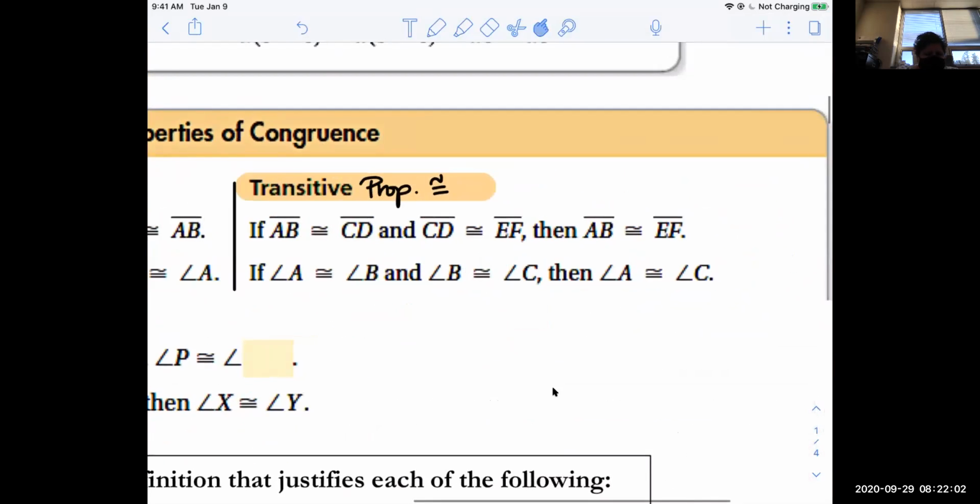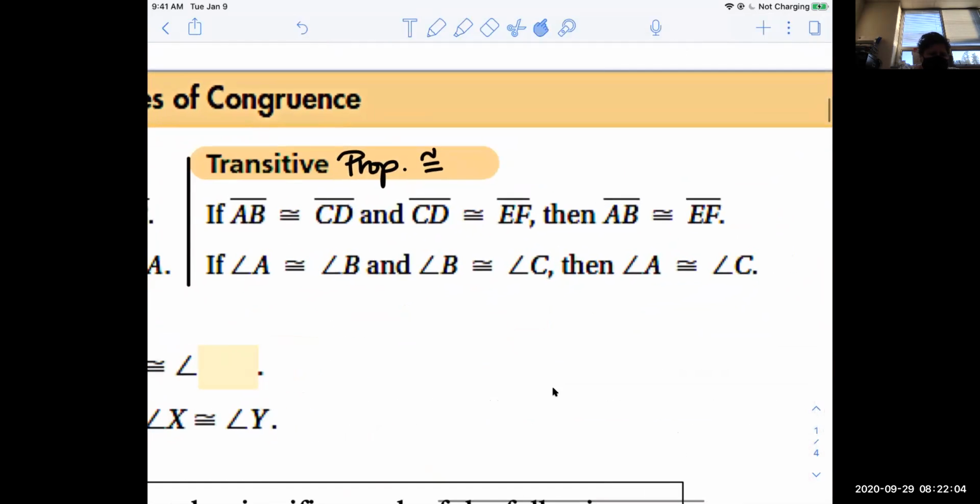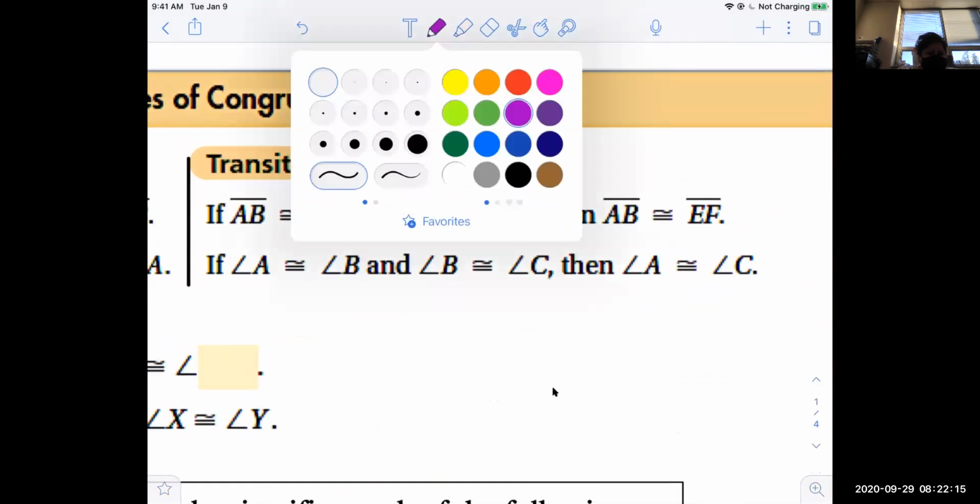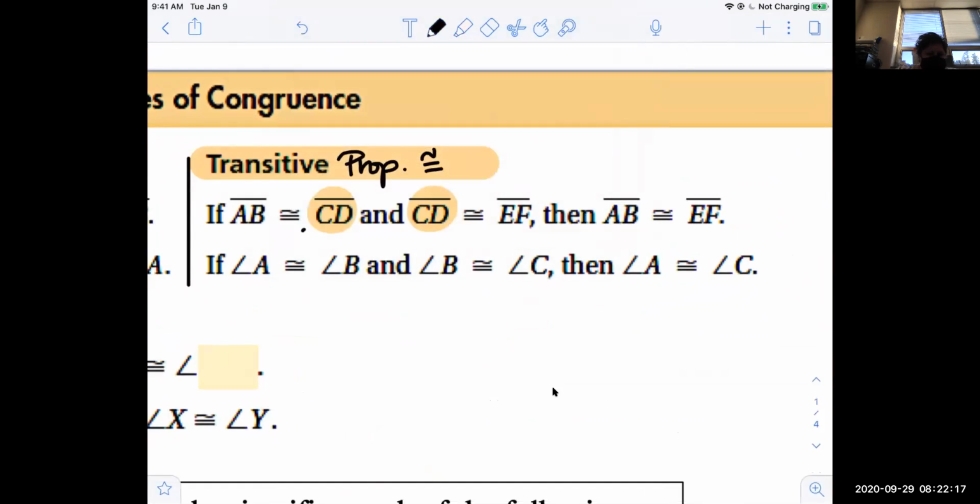And then transitive will be, again, you're going to have the same exact thing on one side of the two congruence relationships so that you can remove them and connect the first one and the last one.